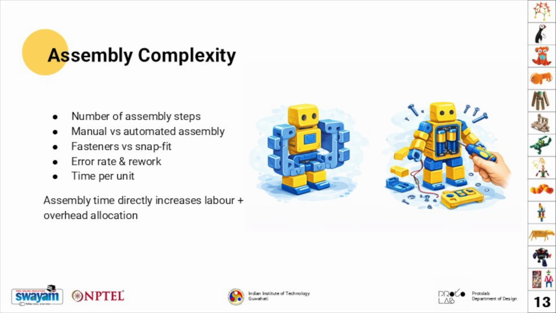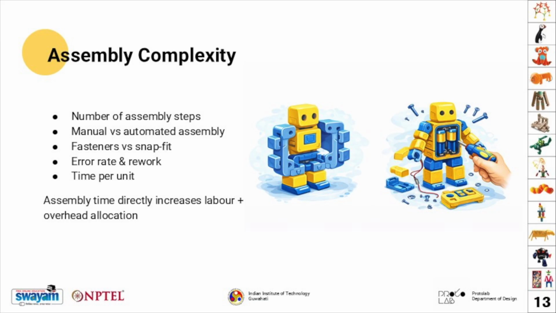A design that requires precise wire placement inside a small cavity may increase defect rates. Even a 5% rework rate significantly raises costs because it consumes labor twice. Assembly-friendly design reduces not only time but also risk.